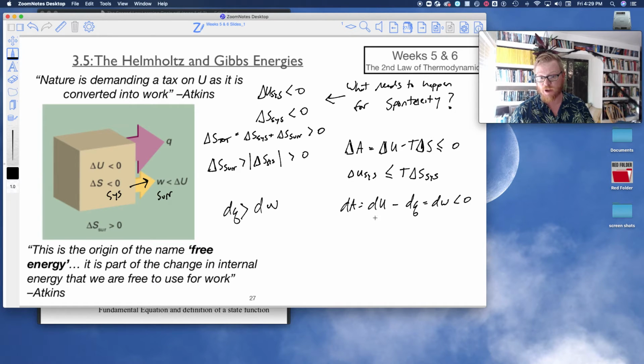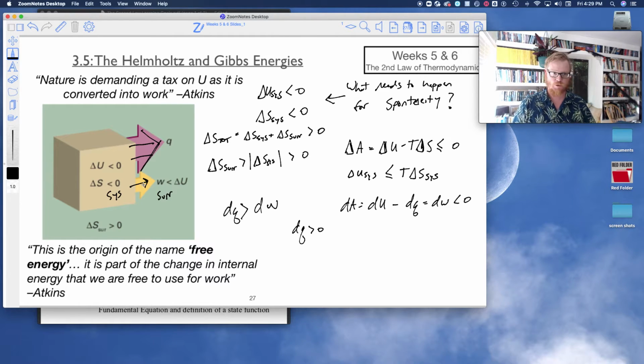The dq has to be greater than the dw, and it's also going to have to be positive for this to be satisfied. And so in other words, we also see that a really large amount of heat must be evolved out to the surroundings to generate enough spontaneity to overcome the reduction of entropy in the system, okay?